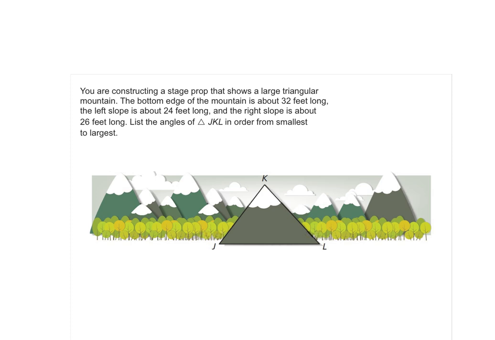So we've got a stage prop for a show. It's a large triangular mountain. The bottom edge of the mountain is about 32 feet. The left slope is 24 feet, and the right slope is, let's go green, 26 feet.